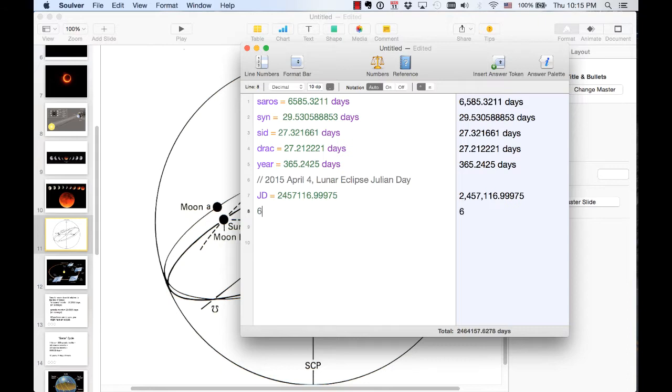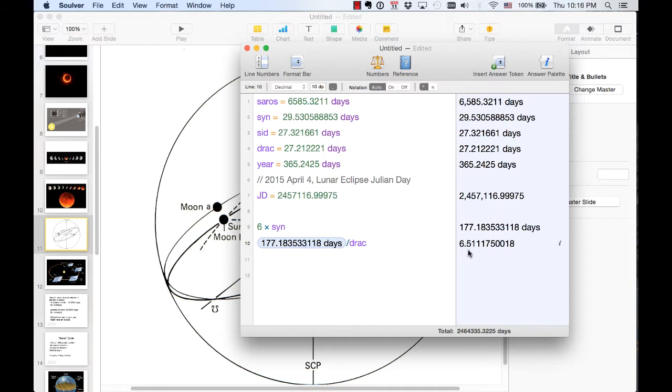So if I take 6 times a synodic month, that's 177.18, etc. days. And how many draconic months is that? Let's see if that's an integer number of draconic cycles. Well, it's 6.5 and a little more. So it's not 6.5000, or I would be much, much closer to getting an eclipse every cycle.